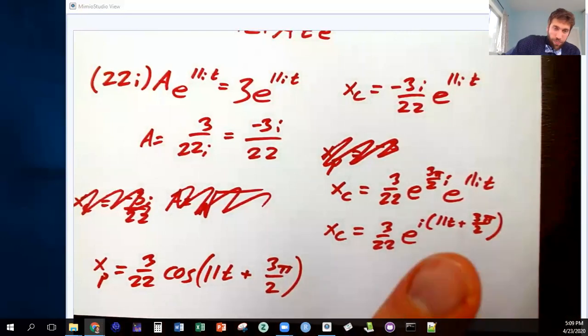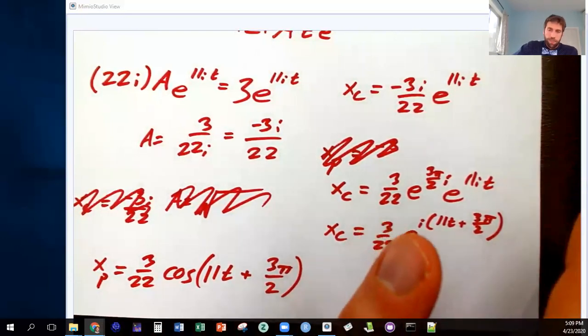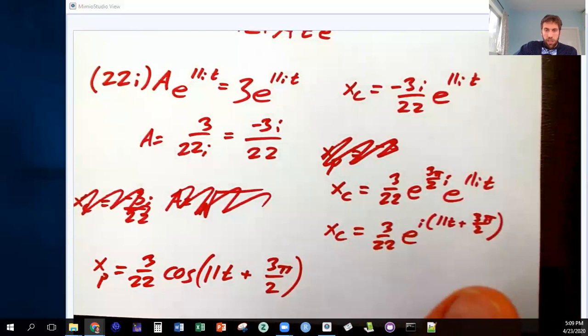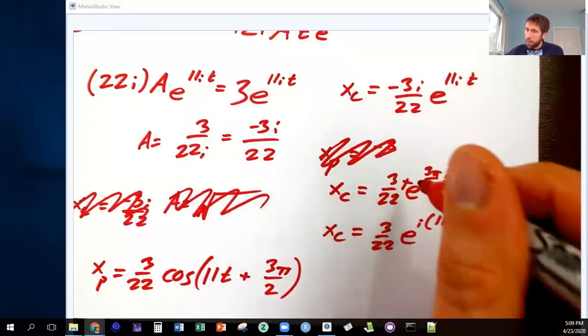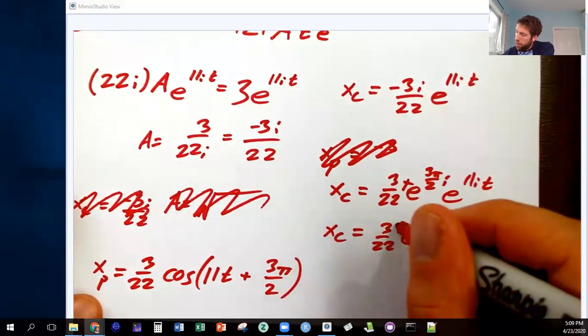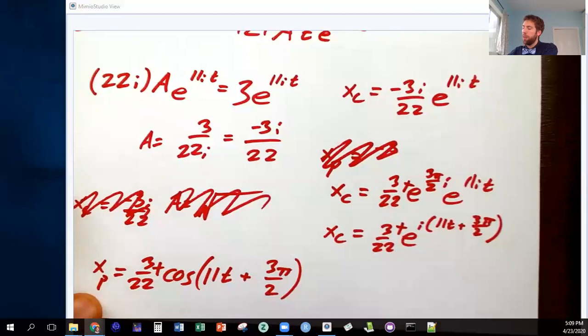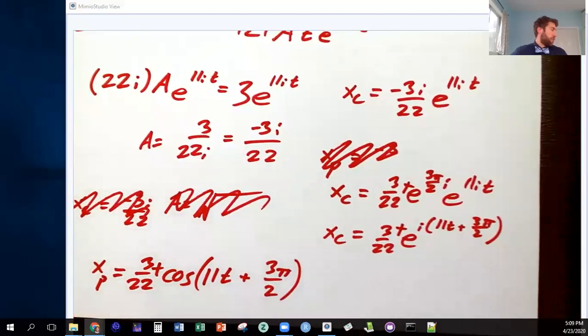Okay. But there was a t there because there's a t there, and a t there, and a t there. Okay. Well, what does that graph look like?